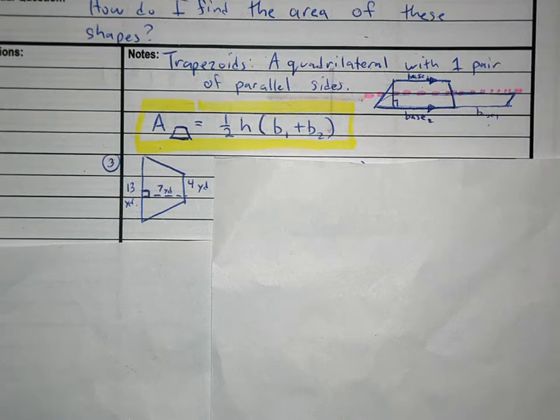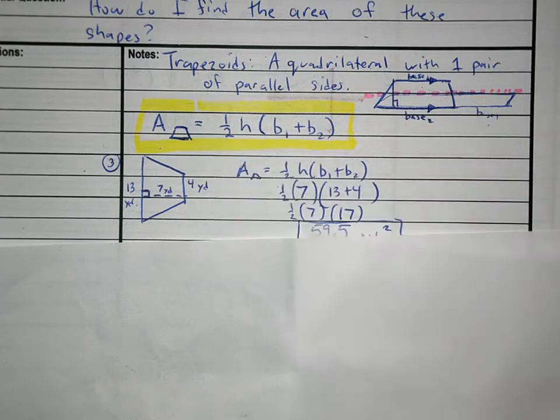You do have to decide which ones are your bases and which one's your height. So, which one is your height on this particular one? What number? Say it out loud. 7. 7 is correct. The other two numbers are your bases.